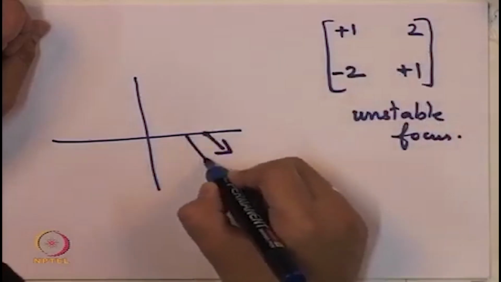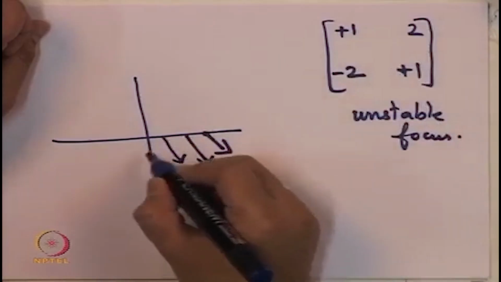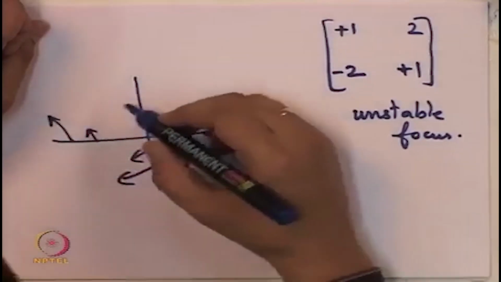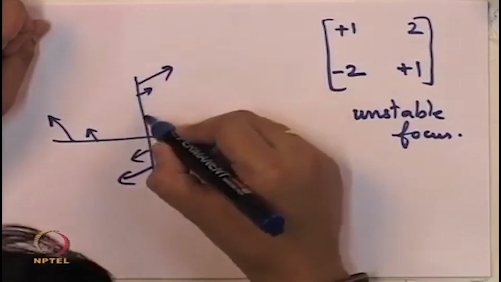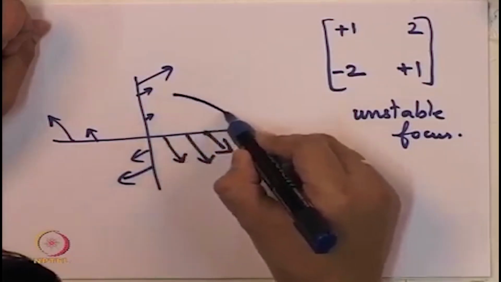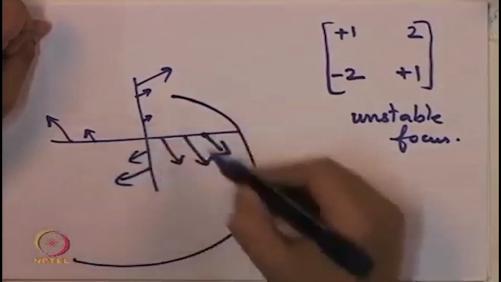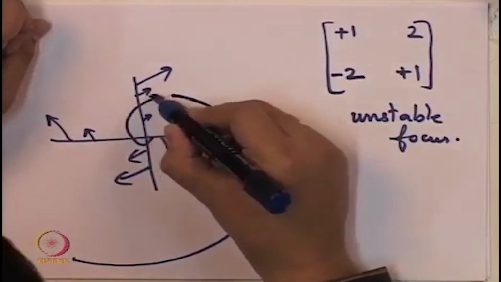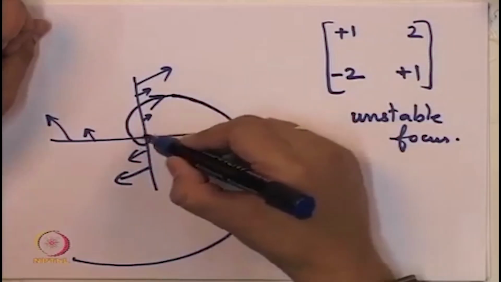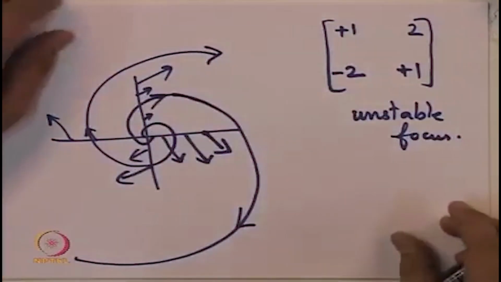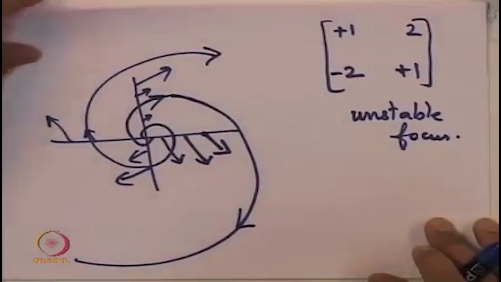So, here is an example where the arrows are all directed outwards. At any point we have a trajectory that is going away. Different points are all going away from the origin. So this is what we will call an unstable focus.